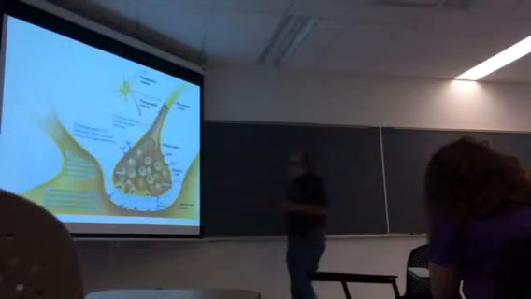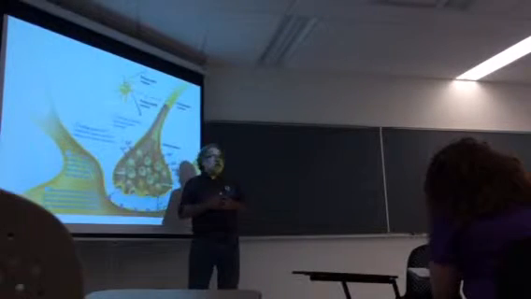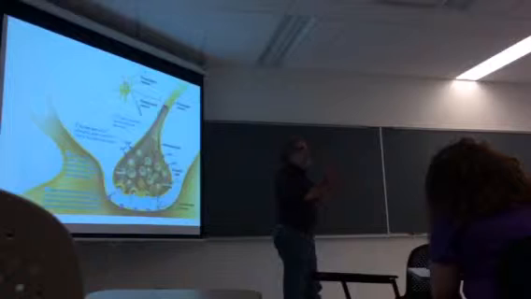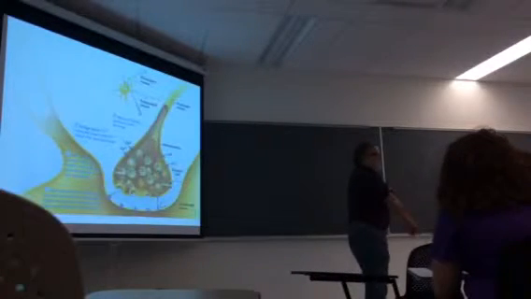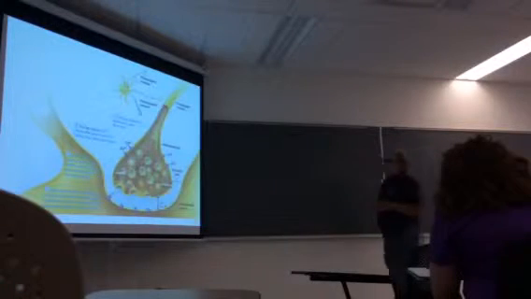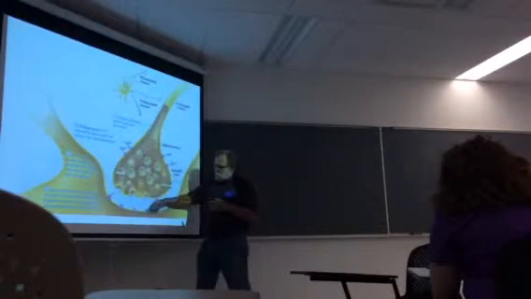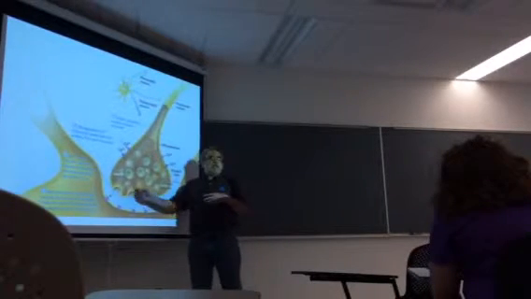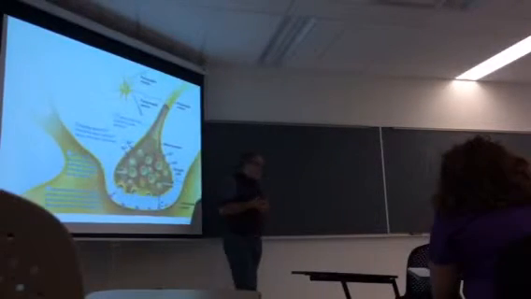The channels that are within the synapse are what we call biports. Ions can move either way. We start to see sodium ions entering the target. We start to see potassium ions leaving.